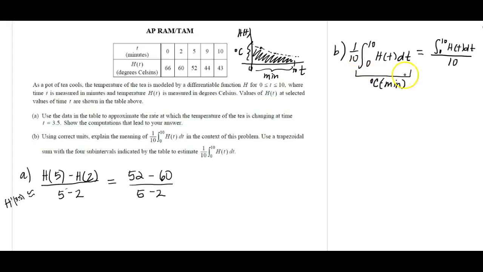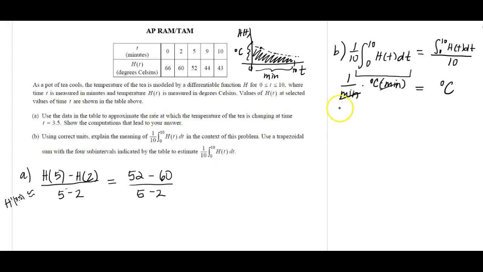So this integral's units are degrees Celsius times minutes, but then I have times 1 over 10 minutes. So 1 over minutes times degrees Celsius times minutes is going to have the minutes cancel. So the actual units of that whole quantity here is degrees Celsius.